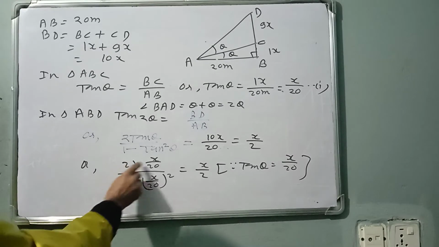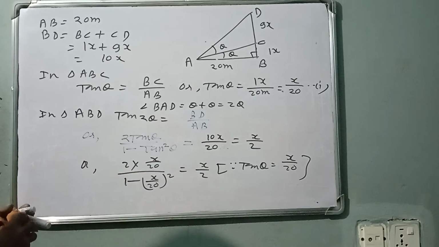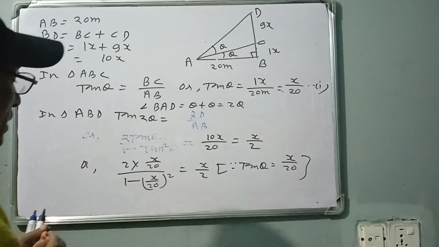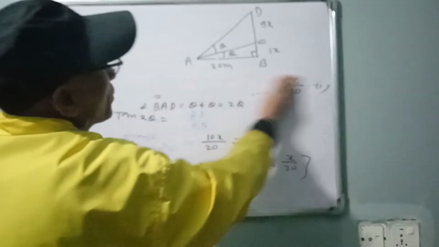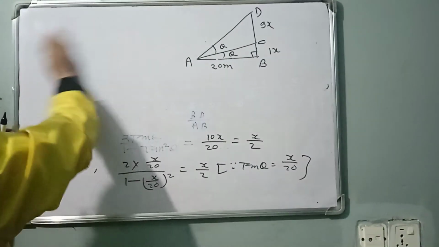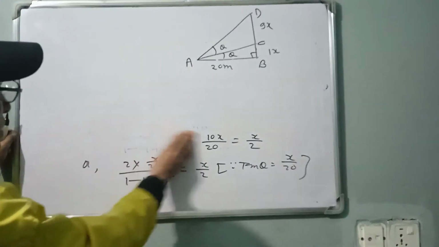Now you can cancel x and x. Why can you cancel? Because x cannot be 0. The value of x cannot be 0, so you can cancel. What is left?